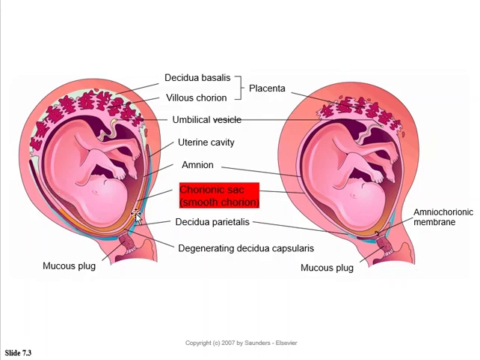This is decidua parietalis, and here decidua capsularis degenerated, and here in light color is decidua basalis. And here, after contact of amnion and chorion, we have the amniochorionic membrane right there.